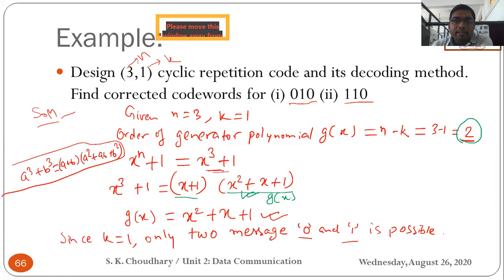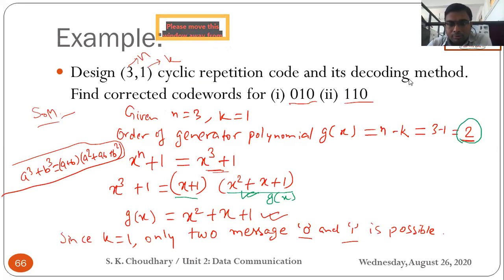Through one example, we learned how to encode any message using the cyclic coding technique, or systematic cyclic coding technique, or cyclic repetition coding technique. And we also learned error detection as well as error correction through that example.